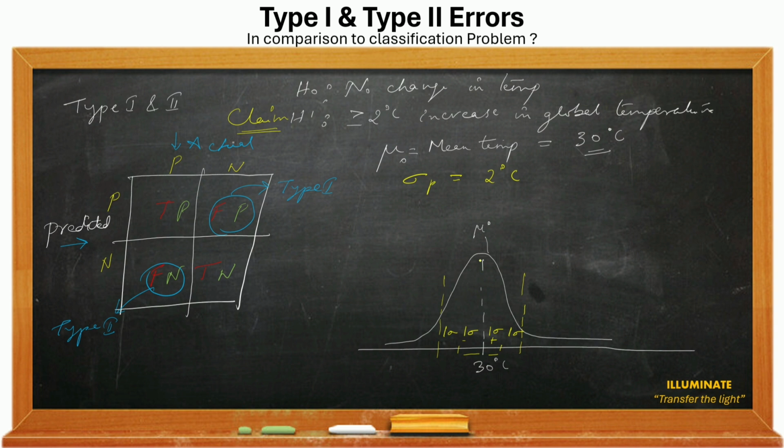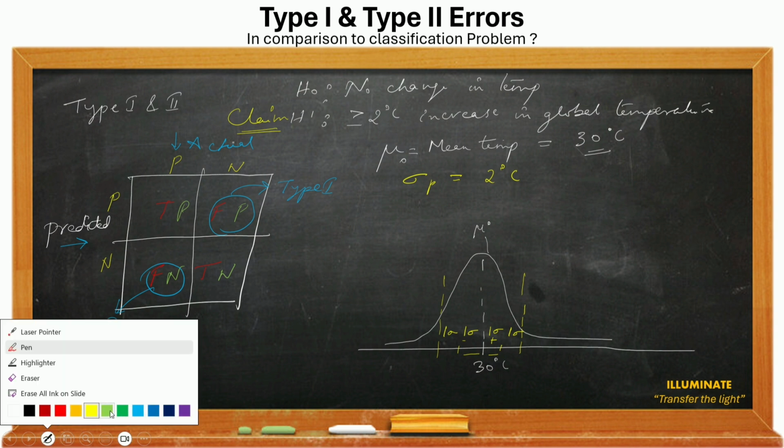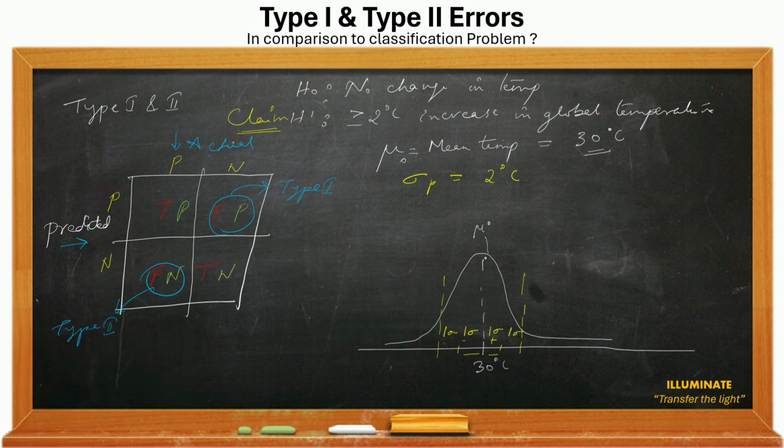So 2 standard deviations, this area under the curve. Let me shade this area, which is in between plus or minus 2 standard deviations. This is nothing but 95% of the area that we have covered.